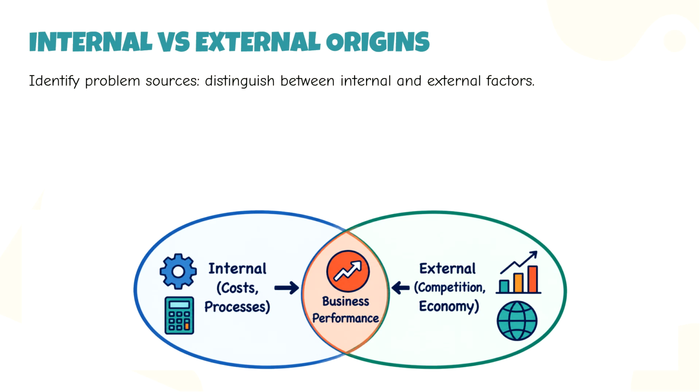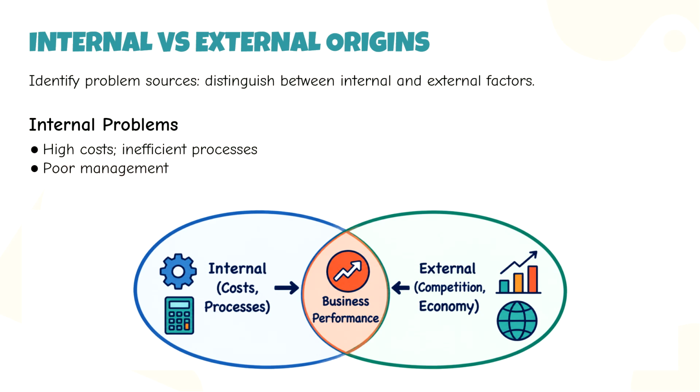This can be internal or external problems. Internal problems refers to high costs or inefficient processes. It could also be poor management, which can refer to internal culture or bad leadership. Now let's have a look at external problems.